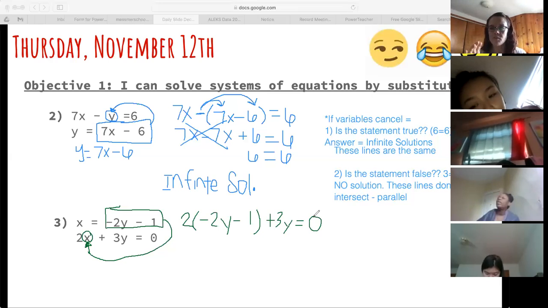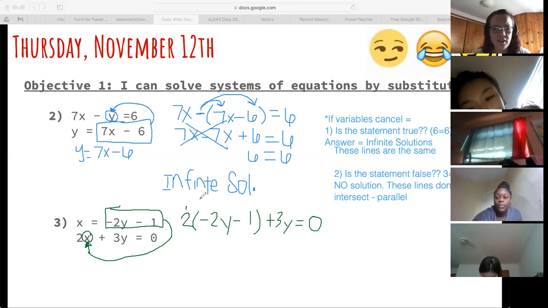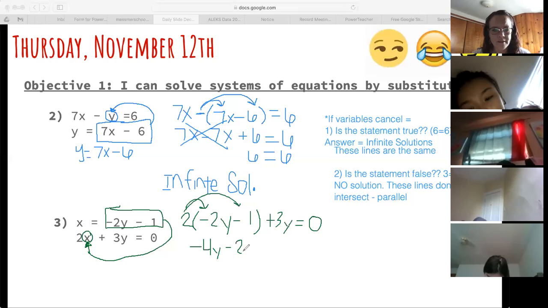Okay, once you make that substitution, it's all algebra from here. So we'll distribute that 2 into both of these. So it'll be negative 4y minus 2 plus 3y equals 0. Okay, we'll combine our like terms.